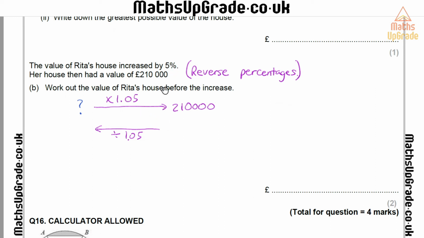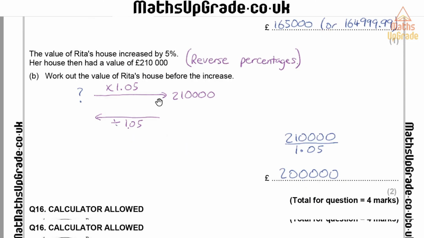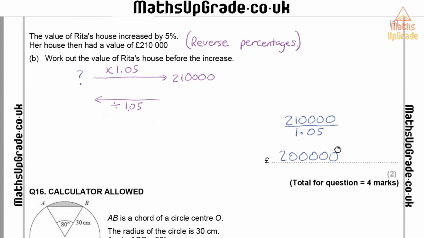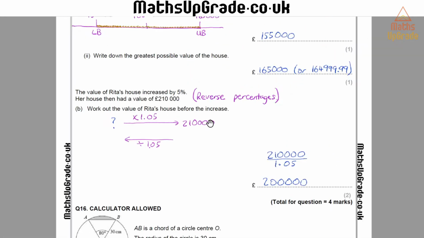Since 5% increase is represented by a multiplier of multiplying by 1.05, I need to do the inverse of multiplying, which is dividing by 1.05. So I need to do 210,000 divided by 1.05, and that would give me 200,000. I can always check this answer by increasing by 5% and seeing if I get that value. The whole question there is worth 4 marks.